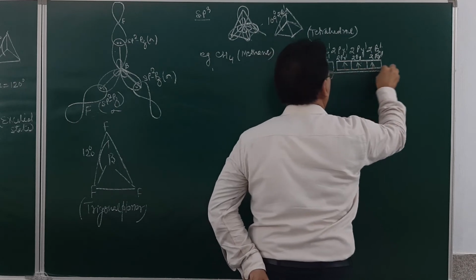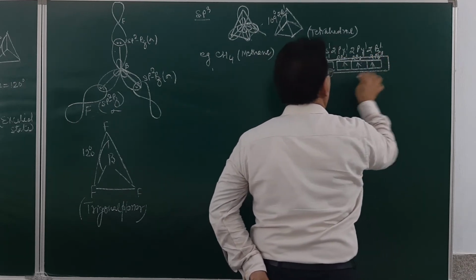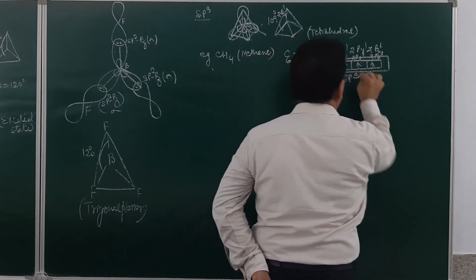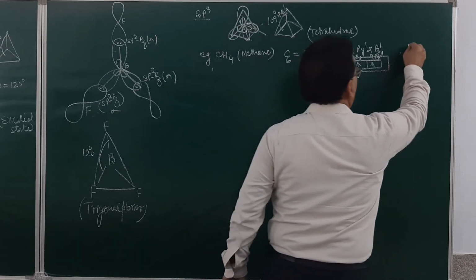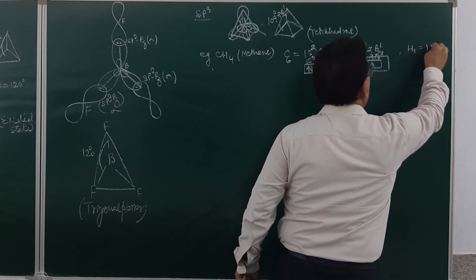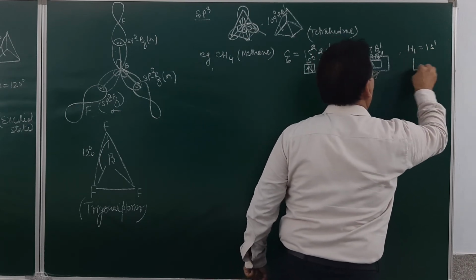They will mix together to form 4 sp3 hybrid orbitals. The atomic number of hydrogen is 1, so the configuration will be 1s1. It has 1 electron.